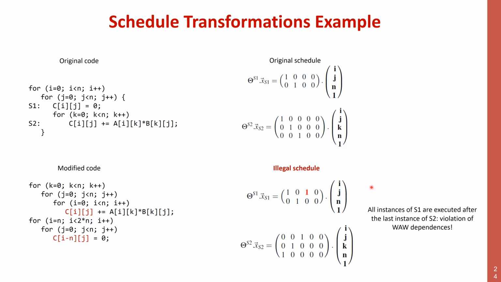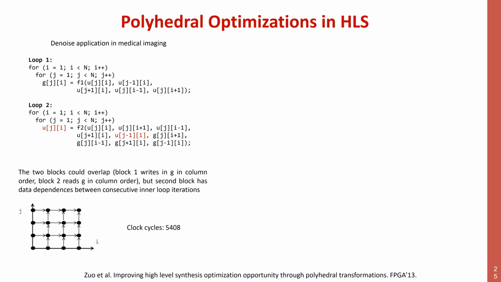And I can also use this to check whether there are violations, because there is a write after write dependency between S1 and S2, and I have to check that all the S1s happen before the S2s, which again, through this representation, I can verify. And I can verify that all these happen before these, which is clearly violated here, and therefore this is one possible solution, but it is a bad solution because it's not semantically correct.